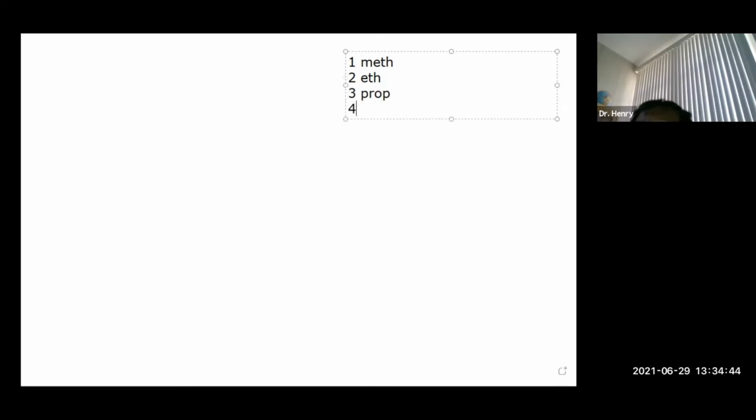Okay, 4 carbons. Tetra. No, tetra is for Greek prefixes. But, butyl, but, because I'm so beautiful. Okay, 5 carbons. Penta, okay.